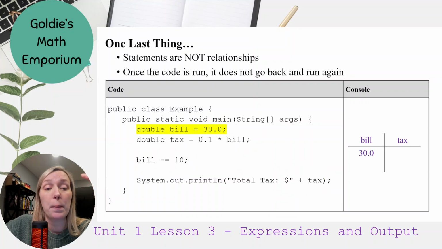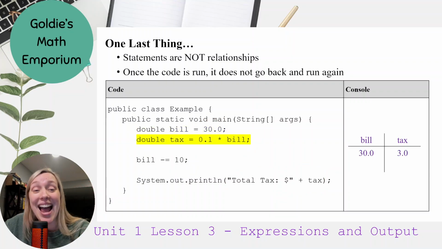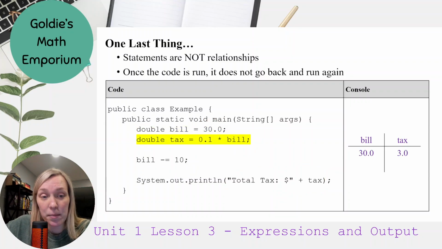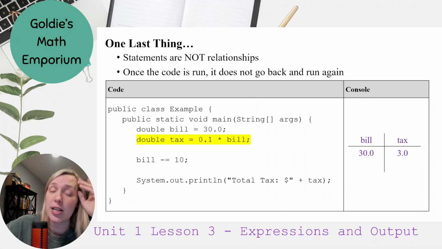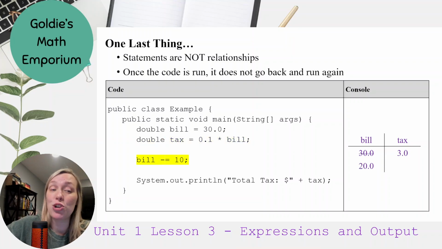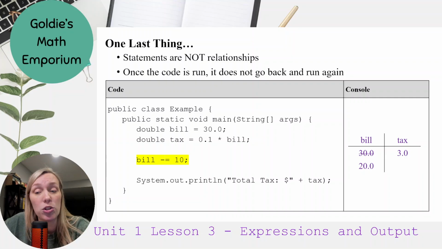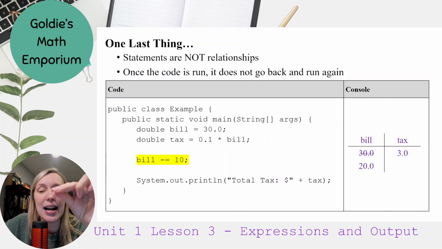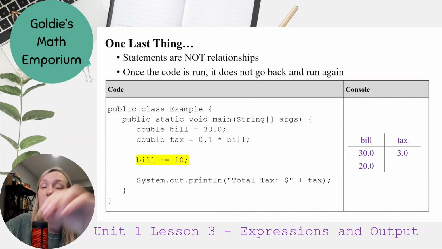So it starts here. Bill is 30. My tax is 3 because I take 0.1 times what the bill currently is. The bill currently is 30. So tax is 3. When I come here and subtract 10, okay, the bill becomes 20, but tax does not change. Okay, statements are not relationships.